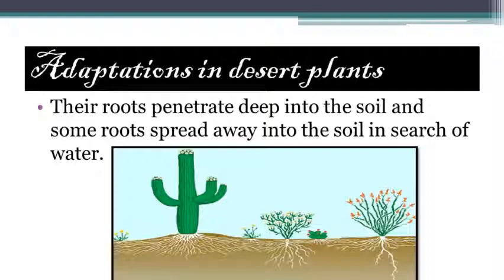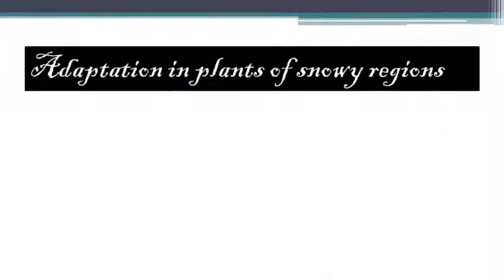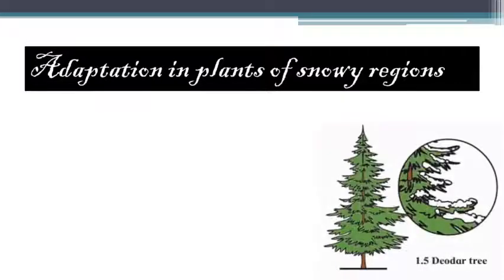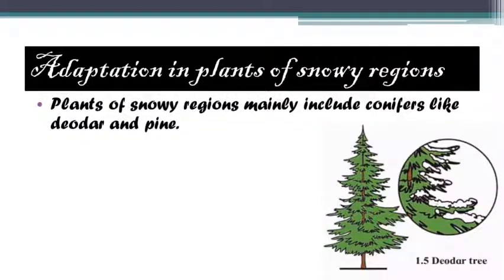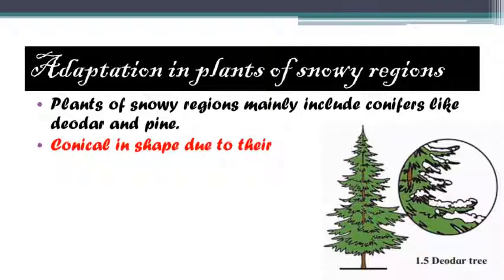Let's see the next. Next we have adaptation in plants of snowy regions, that means very cold regions like Kashmir. Plants of snowy regions mainly include conifers like deodar and pine. You can observe the picture of deodar in the figure, and these trees are conical in shape due to their sloping branches.